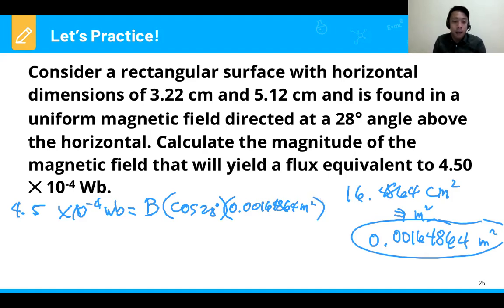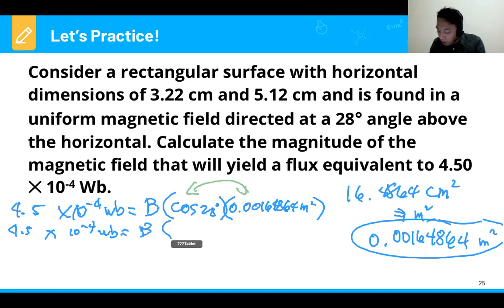Okay, susundan ba? Now, let us multiply itong dalawang to. Multiply natin. Okay? So, I will just copy on this side 4.5 by 10 negative 4 Wb equals B, and then cosine 28 degrees multiplied by 0.00164864.